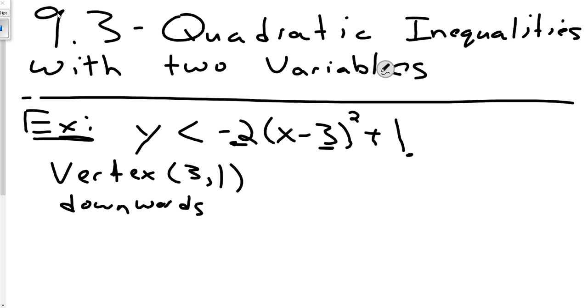You guys remember vertex graphing form, right? y equals a(x minus p) squared plus q. P and q are your vertex. Your a value is still your a value.